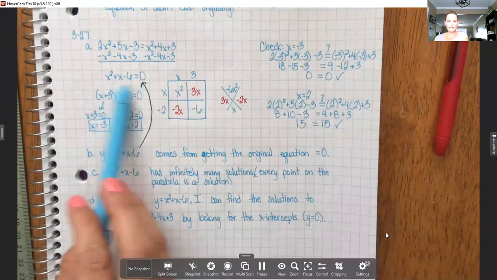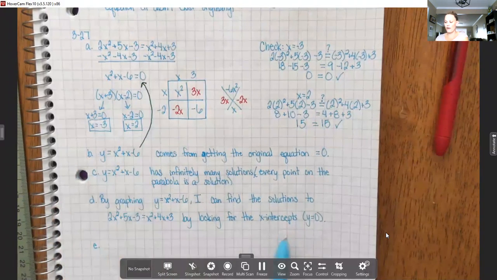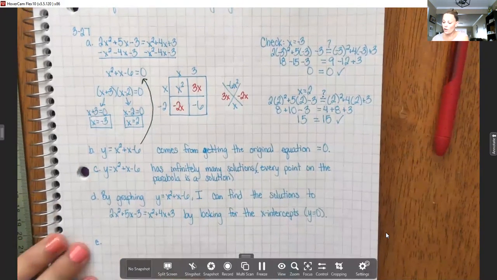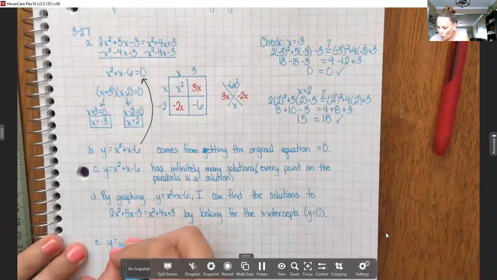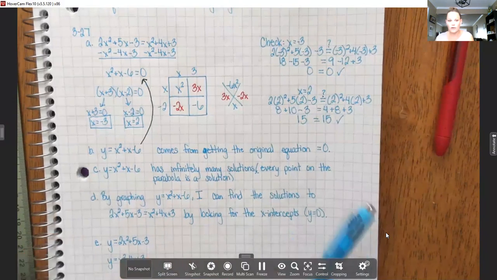We put this in our calculators, y equals this side and y equals this side, and found the x-intercepts. We could have also graphed y equals 2x squared plus 5x minus 3, and y equals x squared plus 4x plus 3.